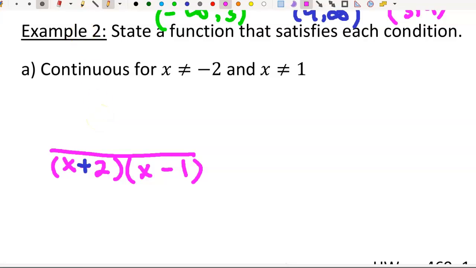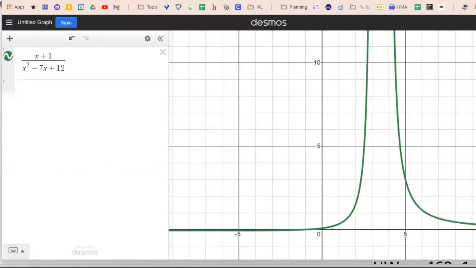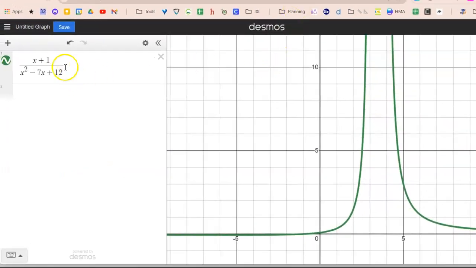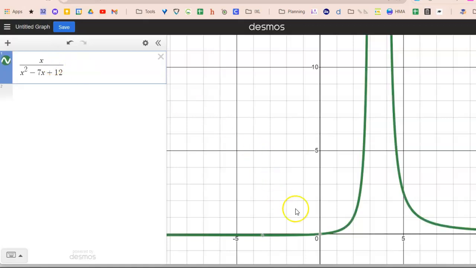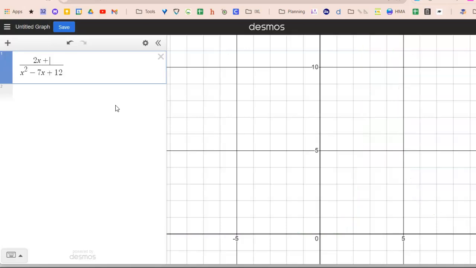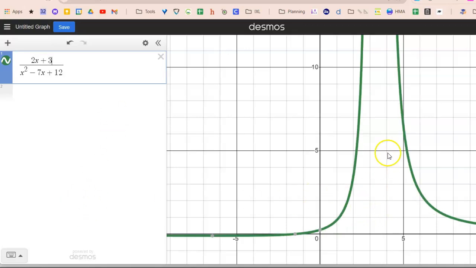And what goes on top? All right, here I put x plus 1, but what if I just had x? Right? Well, it still has the same vertical asymptotes. What if I had 2x plus 3? Right? I still have the same situation.